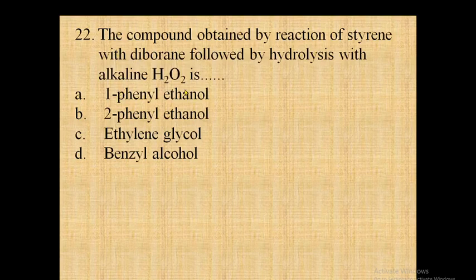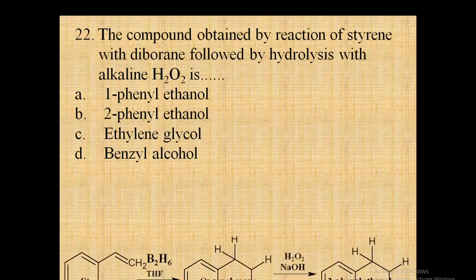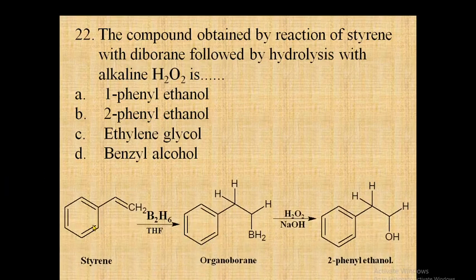The compound obtained by reaction of styrene with diborane followed by hydrolysis with alkaline H2O2 is 1-phenylethanol, 2-phenylethanol, ethylene glycol, or benzyl alcohol. For that, let's see the reaction. So here is the styrene. Now we are adding diborane in presence of THF.